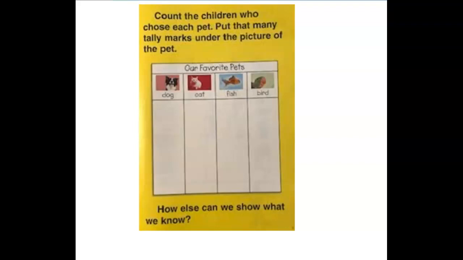Put that many tally marks under the picture of the pet. How else can we show what we know? So after you complete your tally mark graph, let's look at a new way to show it.